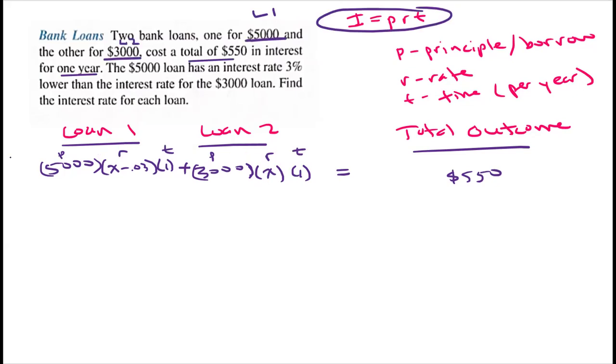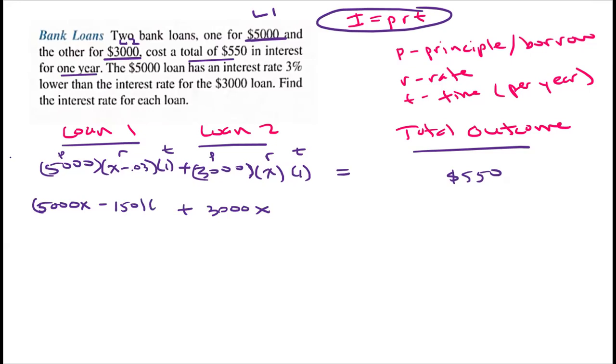Okay, so now I just distribute, right? So 5,000 times x, 5,000 times 0.03. So I'm going to get 5,000x minus 150. And then same for this one, I get 3,000x.